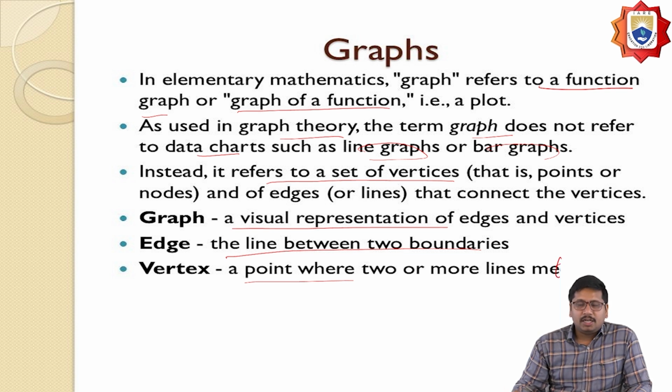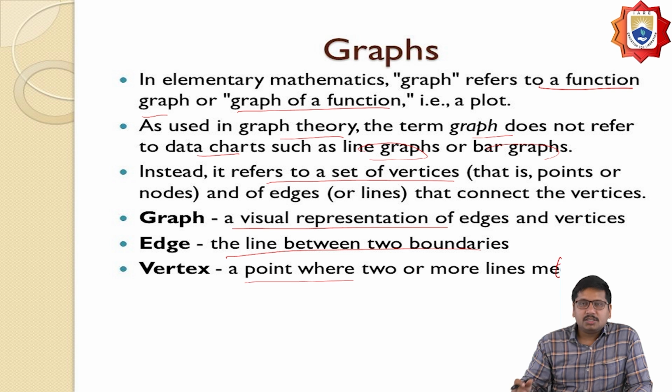So in elementary mathematics, the graph refers to a functional graph or a graph of the function, which is nothing but a plot. As used in graph theory, the term graph does not refer to data charts such as line graphs and bar graphs.